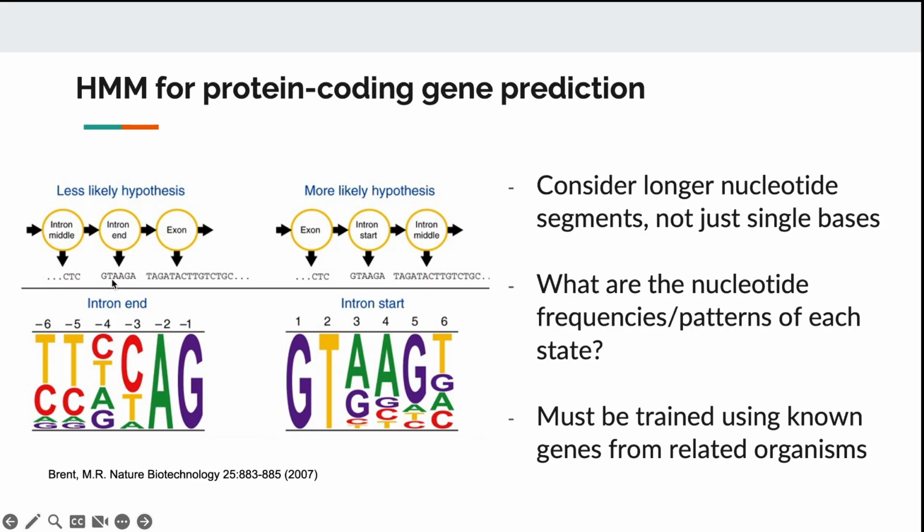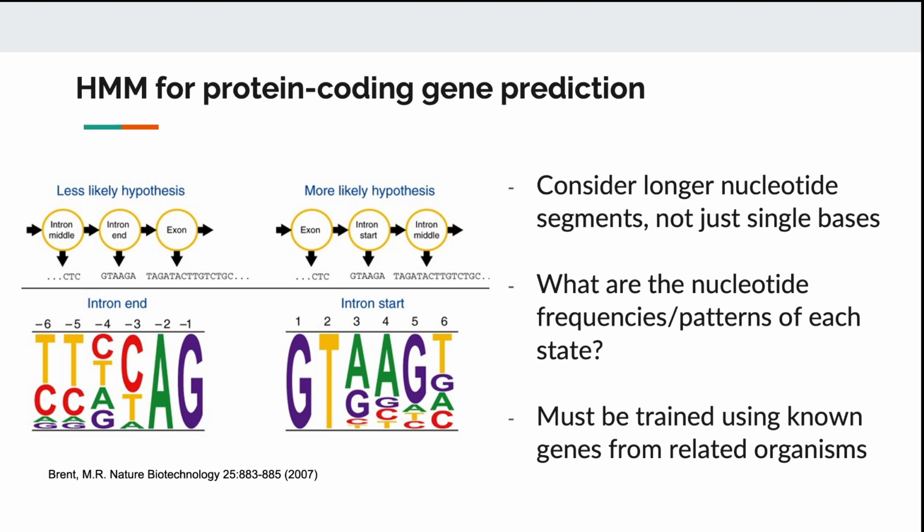So as a whole of the assembly of the genome, if you find the explanation that can fit each of these pieces very well, it's likely that it's going to give you a correct annotation of the gene structure.